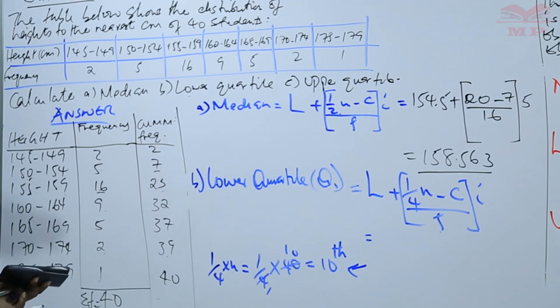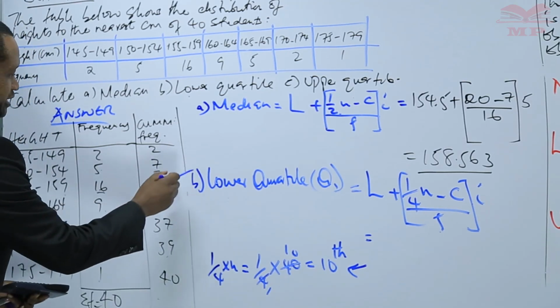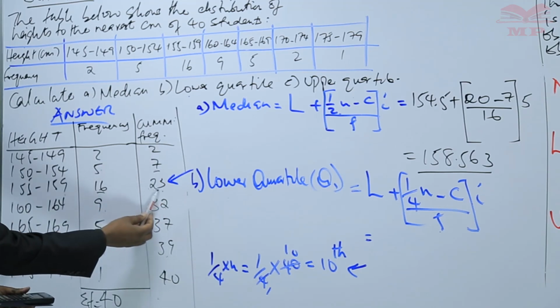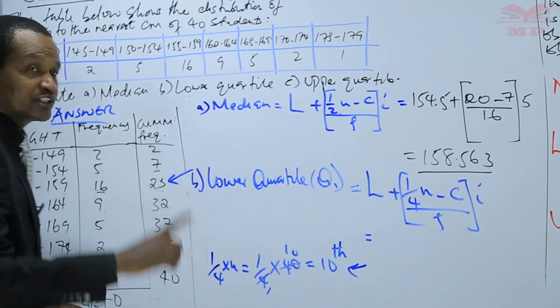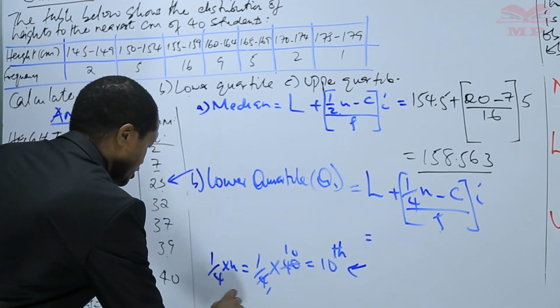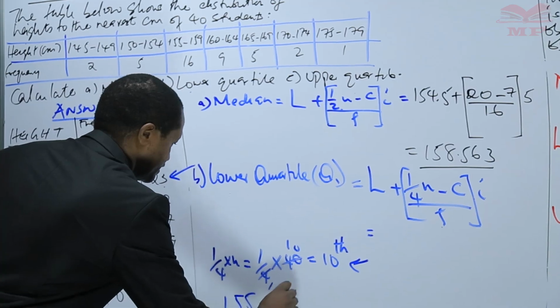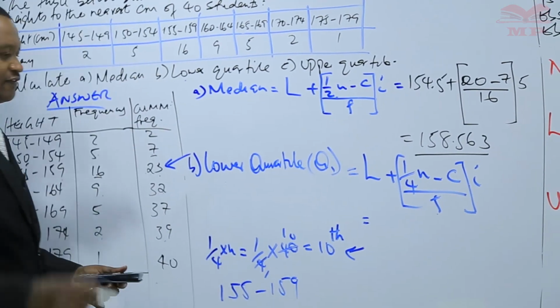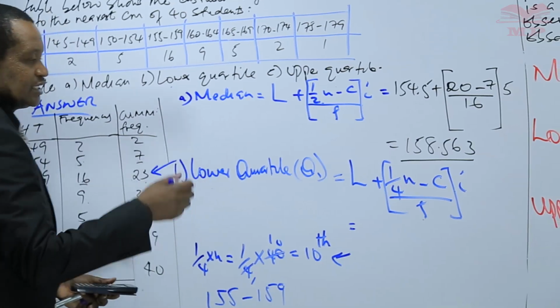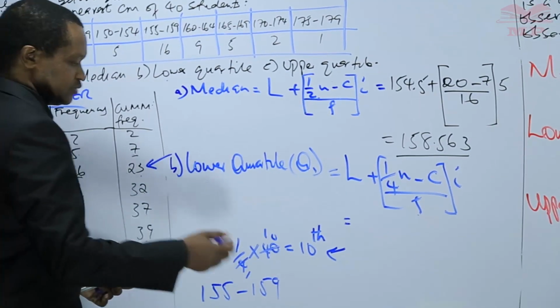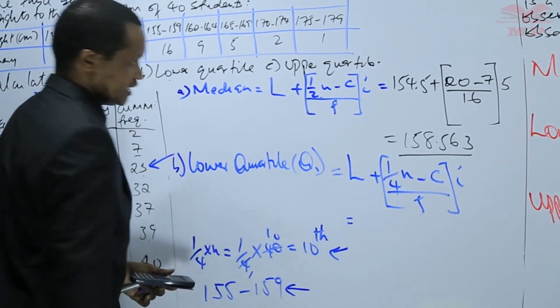The 10th student will lie in the class of 155 to 159. So the first quartile class, the lower quartile class, is 155 to 159.